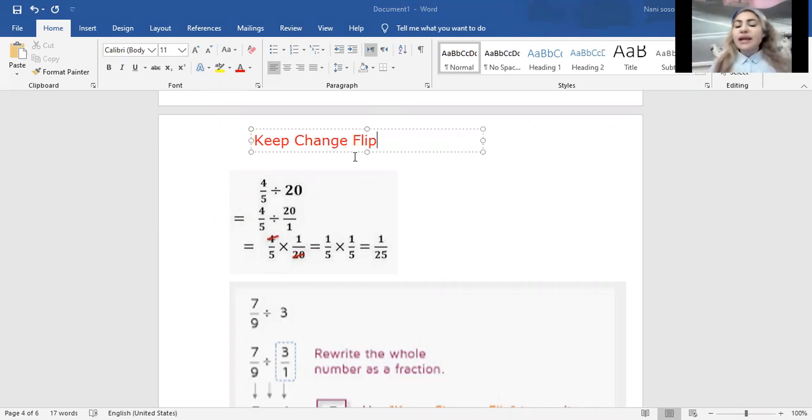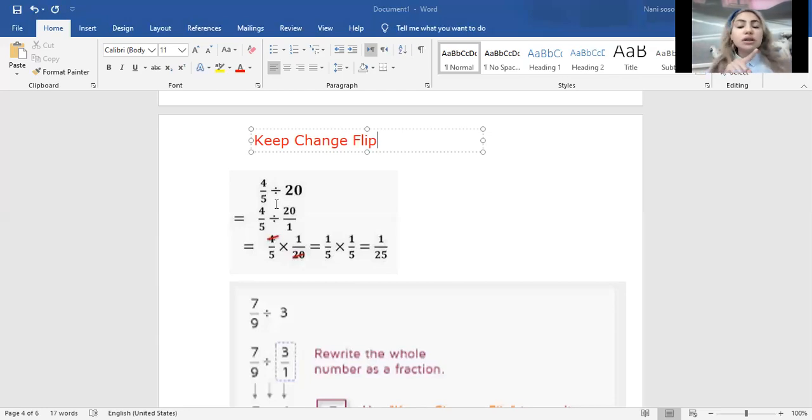When I use keep, change, flip, it's when I divide only. Don't use it when you multiply. We use keep, change, flip when we divide only. So if you have 4 out of 5 multiply 20, don't come to me and use keep, change, flip. It's wrong. If I have 4 out of 5 multiply 20, my rule is to multiply numerator by numerator and denominator by denominator.